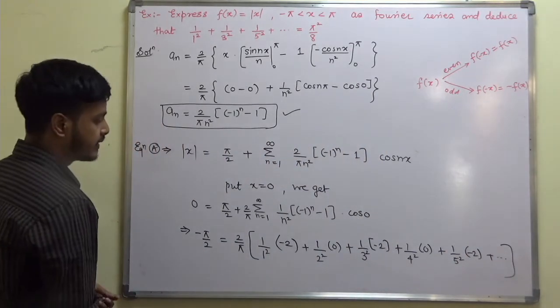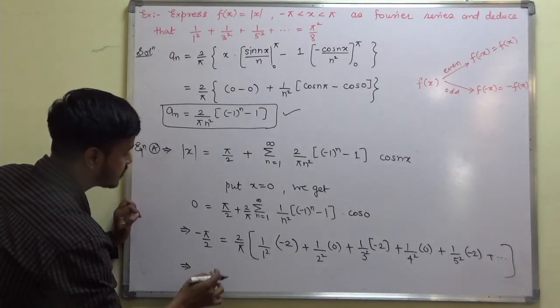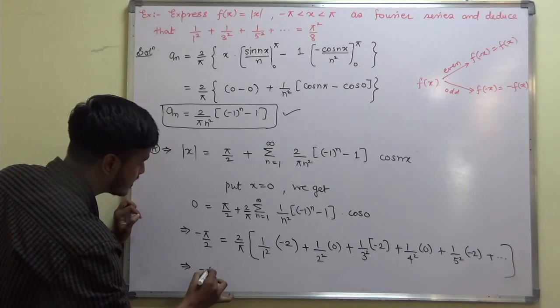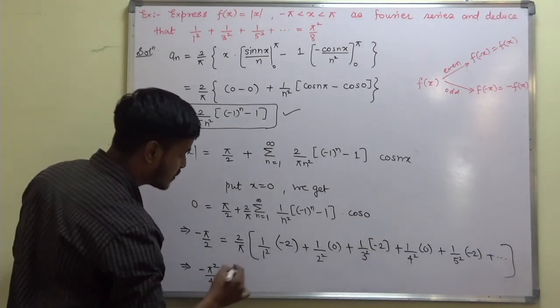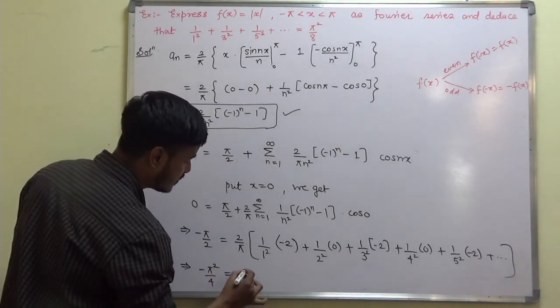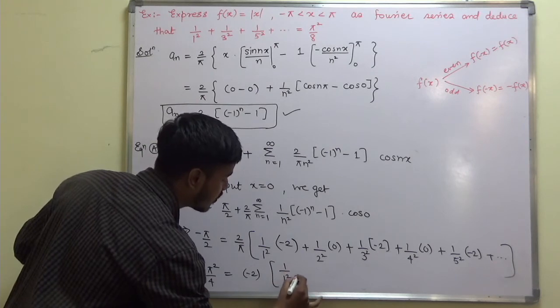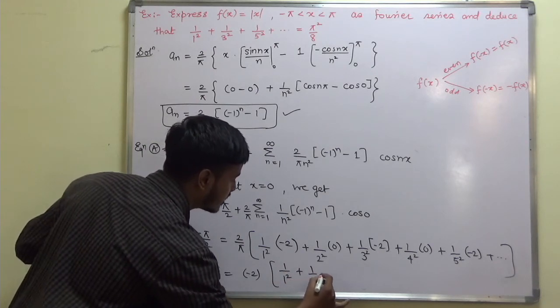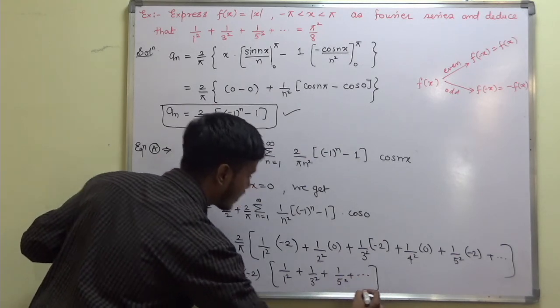Okay, so you can take this term to here. So this is minus pi square by 4. Here minus 2 is common throughout, so we remain with 1 upon 1 square, 1 upon 3 square, 1 upon 5 square plus and so on.